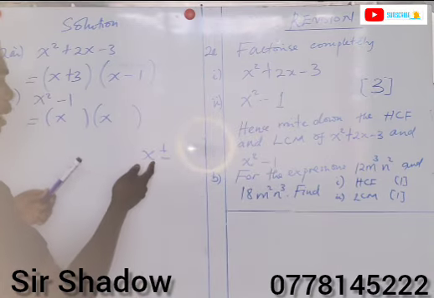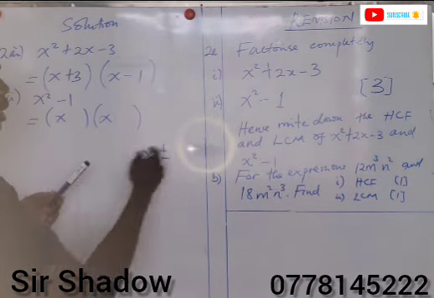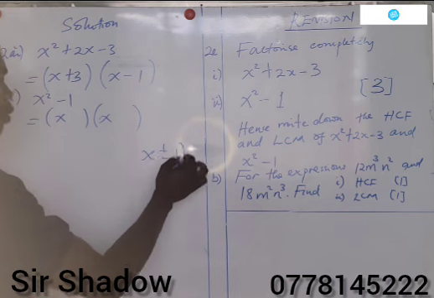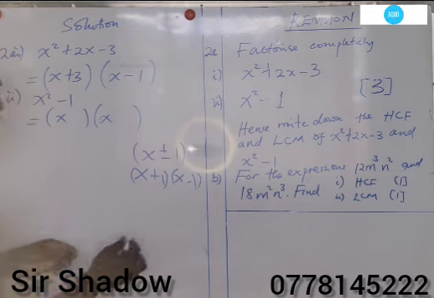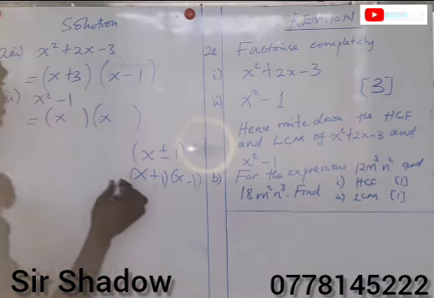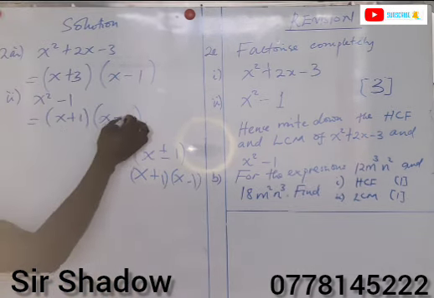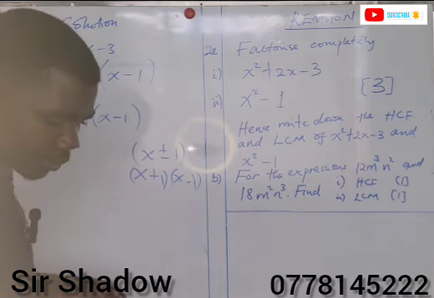The square root of 1 is 1, so plus or minus 1. So the first will be x plus 1 and the second will be x minus 1.